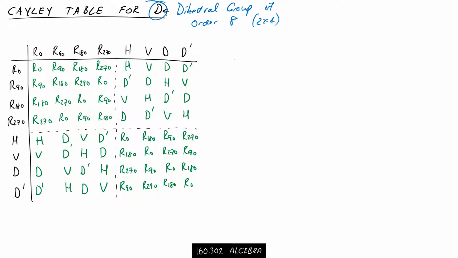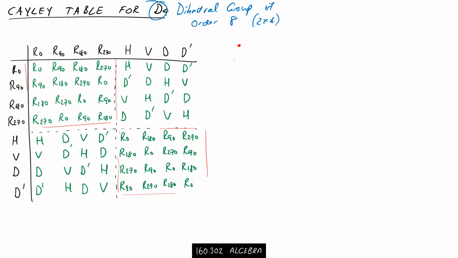So the last thing we might want to do before we finish this video is just look at this table and see if we can see any interesting features. Perhaps the first one that jumps out is that it's partitioned into blocks, where we've got these rotations here and other things here. Now, we'll study what that means a bit later on in the course, but let's maybe focus our attention on rows and columns and see what's in each one.